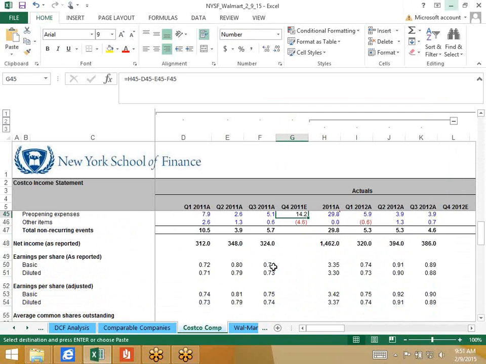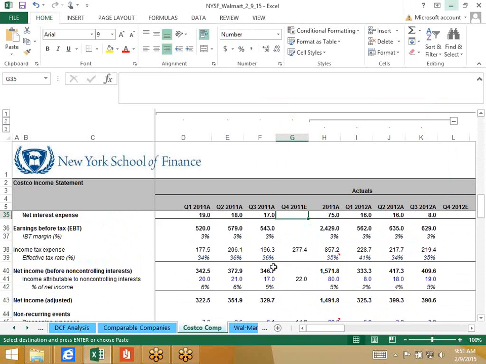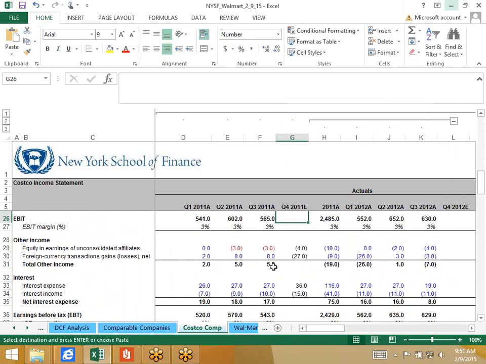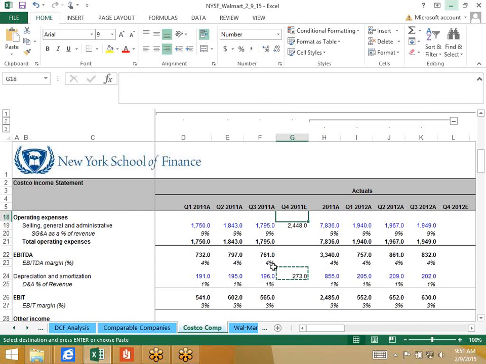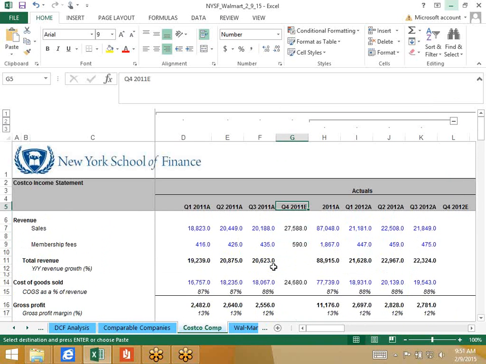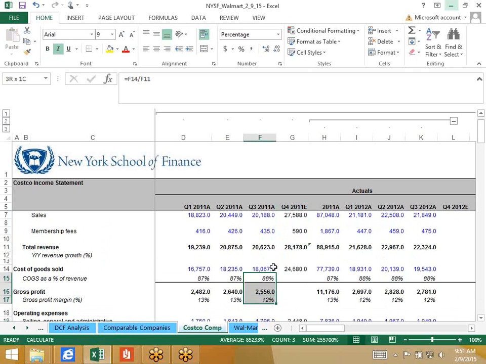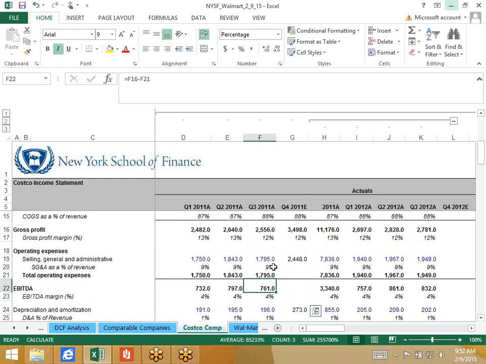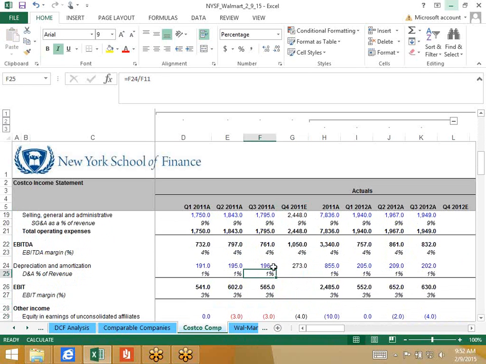So this is what I had done. I just adjusted the actual line items, and that way the totals I just copied across, and the metrics I copied across. And did the same for Q4 2012. Now these formulas are going to all be identical for Q4 2012, so you can copy this whole column over.